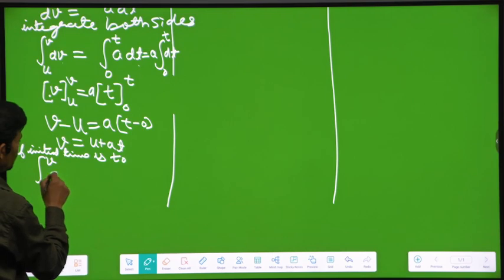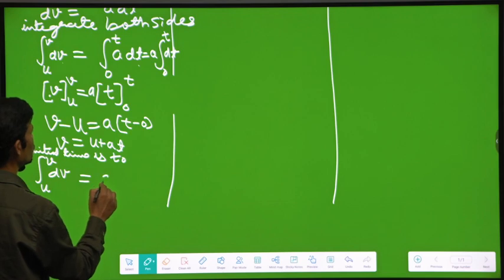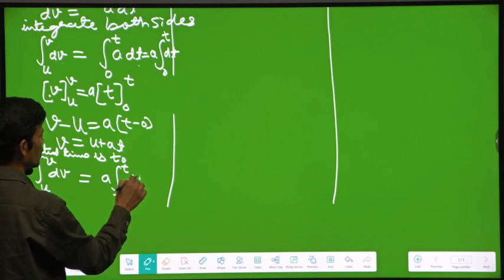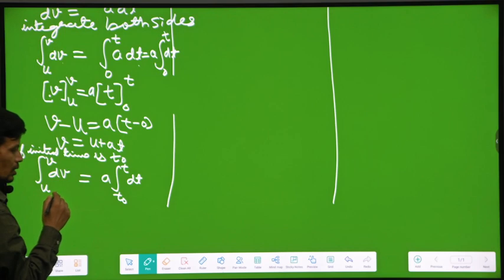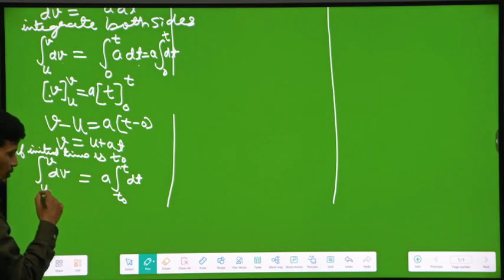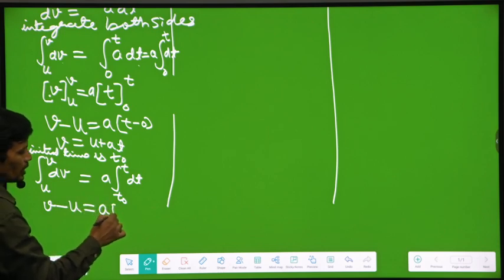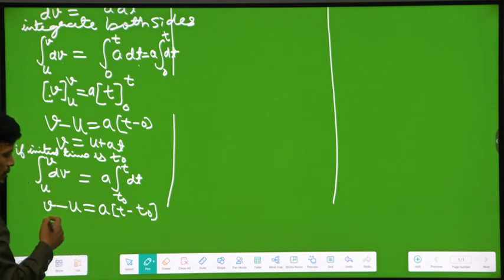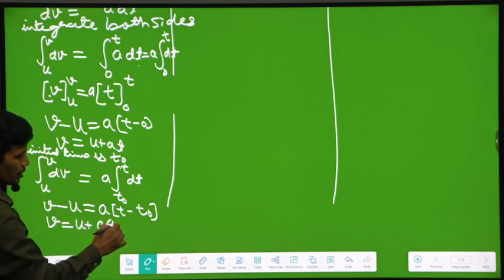Then what will happen? This is equal to a integration from t naught to t of dt. Then, I'm directly putting the integration limit after solving it, that will be v minus u, and that will be a (t minus t0). So this will be the answer.